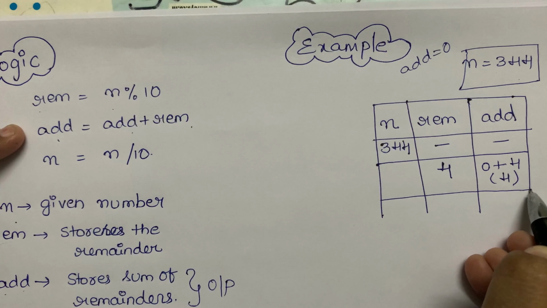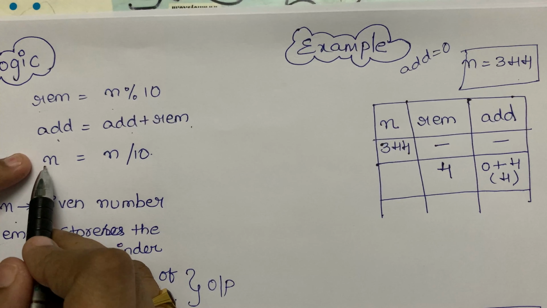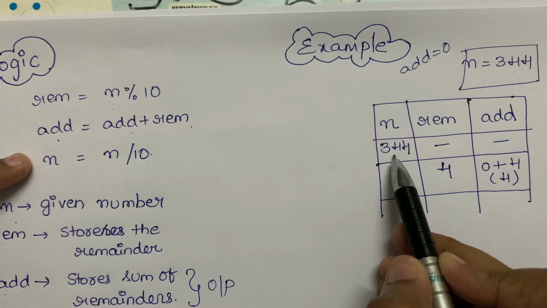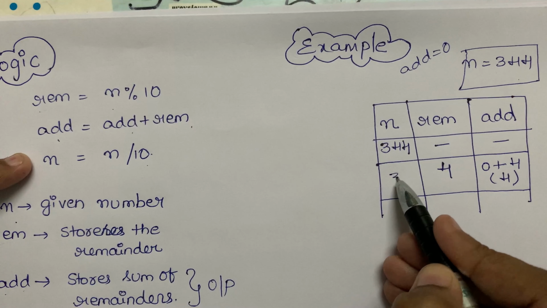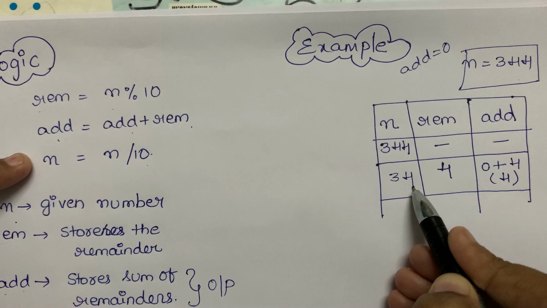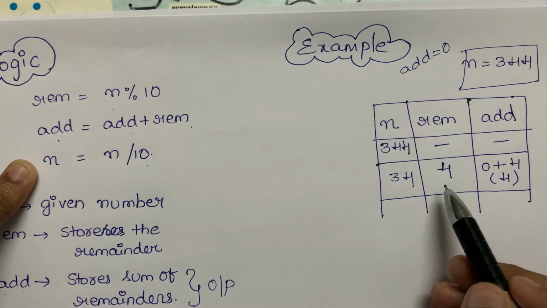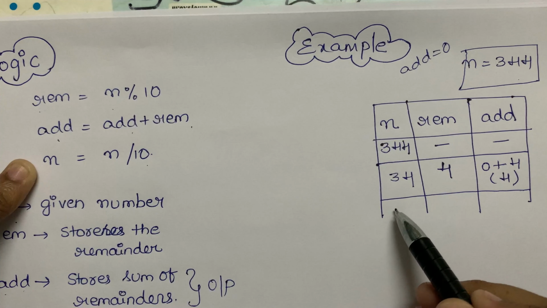Add value will be 4. After the second statement, the third statement is N is equal to N by 10. What is the value of N here? 344. 344 by 10 will be 34.